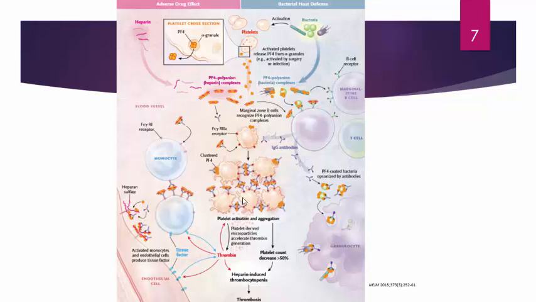As a result of this platelet activation, you have a generation of thrombin. And thrombin is one of our clotting factors in our clotting cascade that you learned about when you talked about basic anticoagulation. That thrombin production can eventually increase the risk of developing thrombosis.